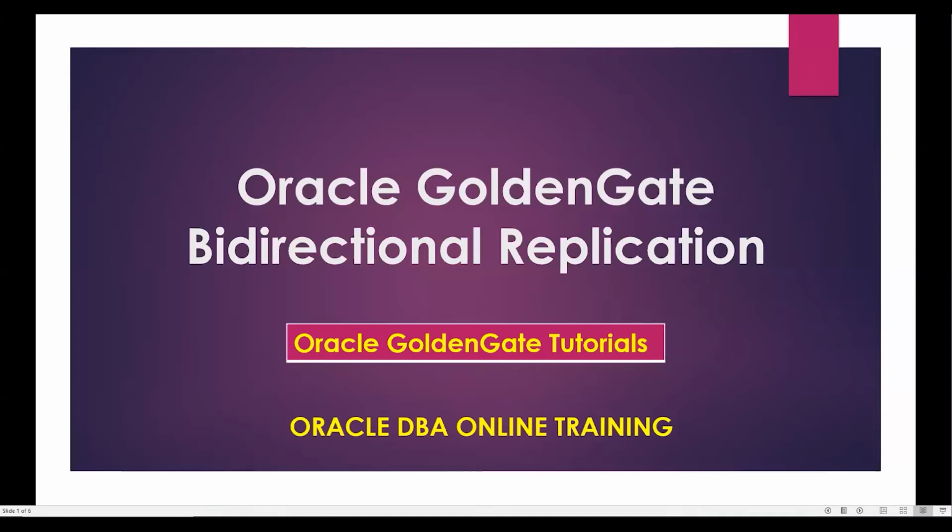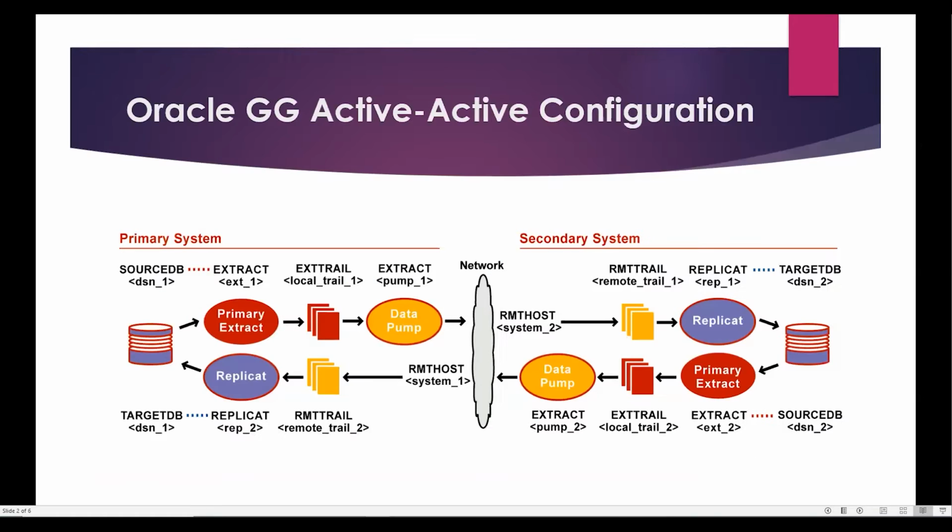So let's start today's session about Oracle GoldenGate bidirectional replication. Basically an active-active configuration looks like this. You have a primary system as well as a secondary system. On the primary, this is our source database, and this is going to be our target database. On the source side, we have to configure an extract process, which will extract the data from your source database and write those details in the local trail.